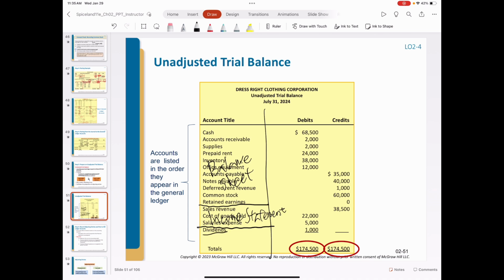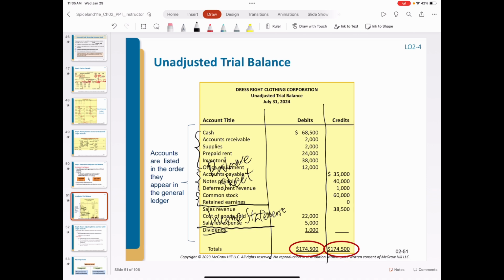And this dividend is one for the statement of stockholders' equity. That's the order. For the balance sheet, you will see assets, liabilities, and stockholders' equity. And here we have their balance, either debit or credit.